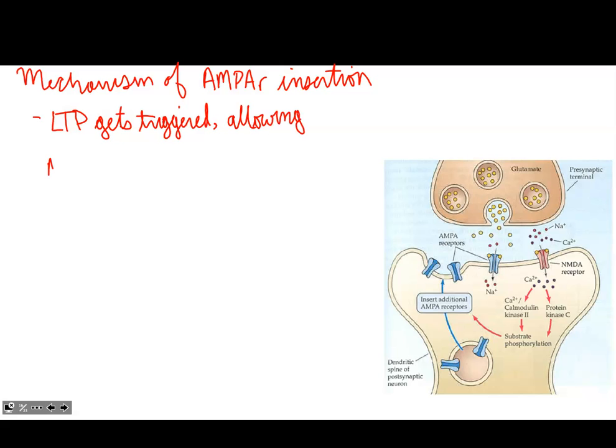So allowing NMDA receptors to function. Right? Before they were non-functional because of the magnesium block, okay?